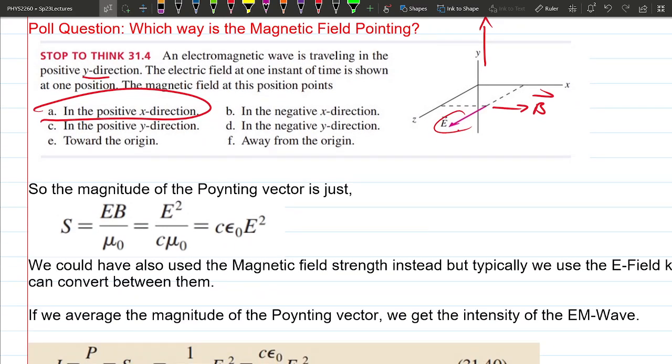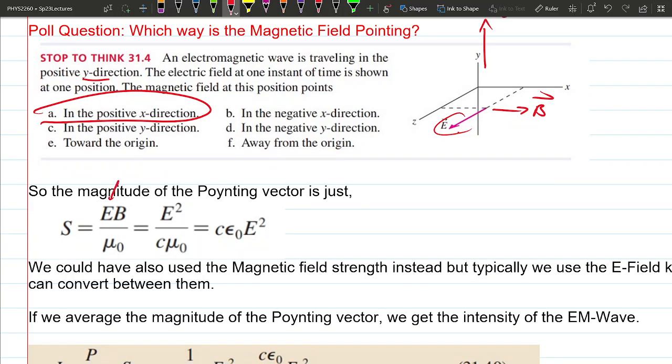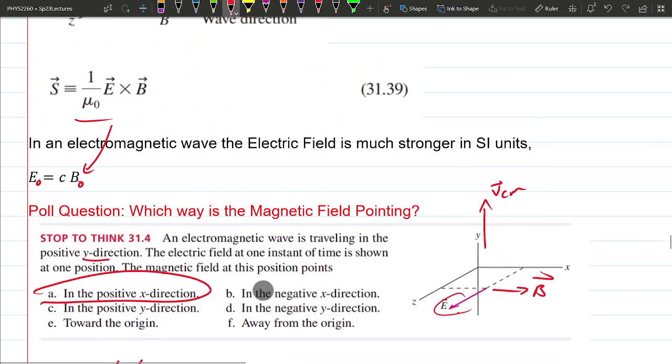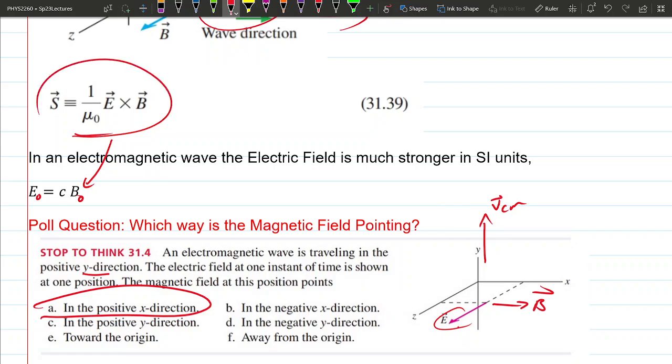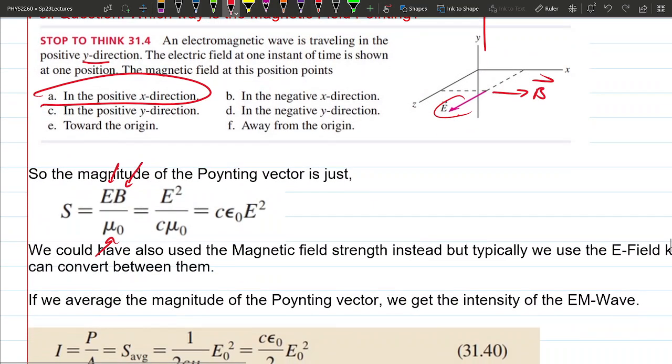So the magnitude of the Poynting vector, you can actually calculate, because it's basically the electric field times the magnetic field divided by this mu naught, as defined up here. We know these two vectors are perpendicular to each other, so sine of 90 degrees gives you a factor of 1. So the magnitude is the magnitude of the two vectors times sine of 90 degrees divided by mu naught.